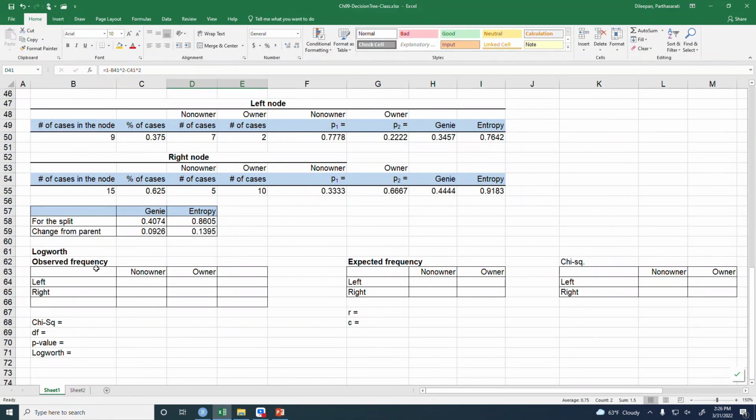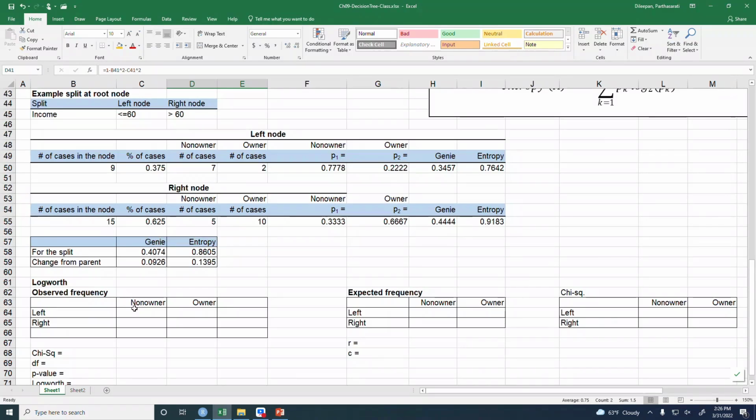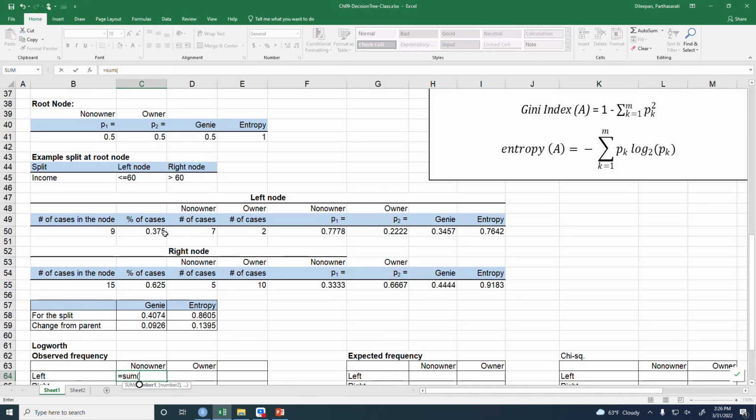Okay. So again, for a given split, we have to set up a frequency distribution like this. In this case, we are looking at a split of less than or equal to 60 and greater than 60. So for the left side, how many non-owners do we have? That would be the sum of, and we already have that somewhere here.